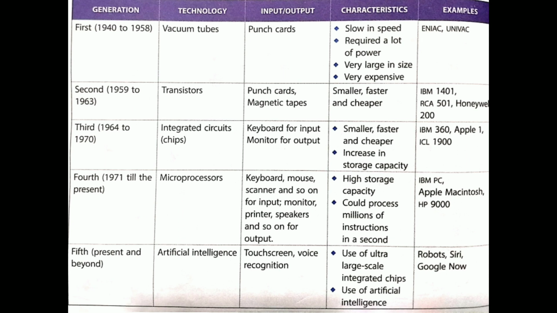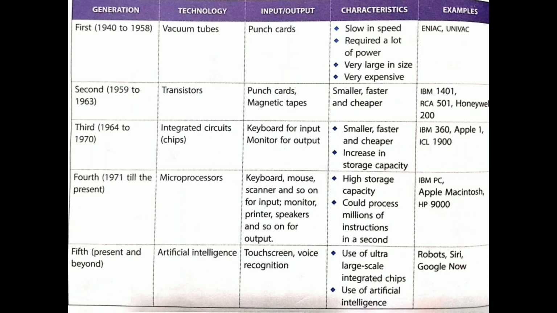Okay. Coming on to the first generation, time period is from 1940 to 1958. Technology used was vacuum tubes. For inputting and outputting, we used punch cards. Characteristics are, they are slow in speed, required a lot of power, they were very large in size, and they were expensive. Examples are ENIAC and UNIVAC.